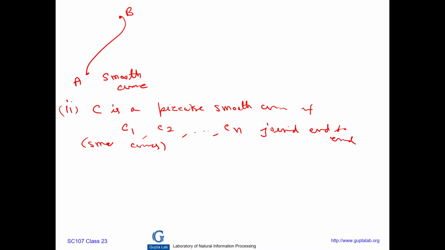So a curve is said to be piecewise smooth if it is joined by a finite number of curves C1, C2, Cn, which are also smooth.